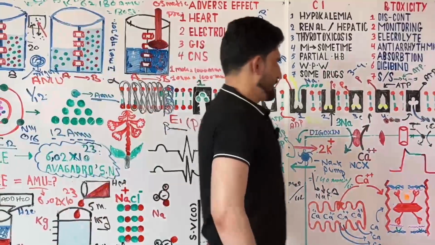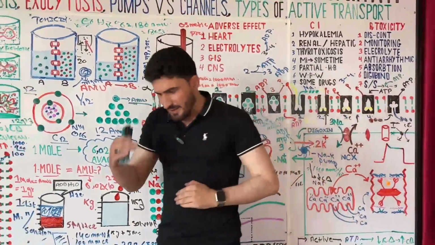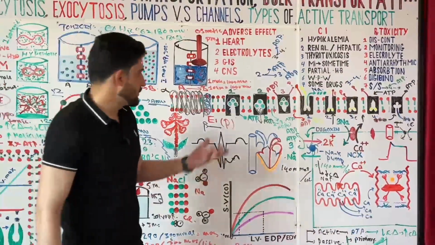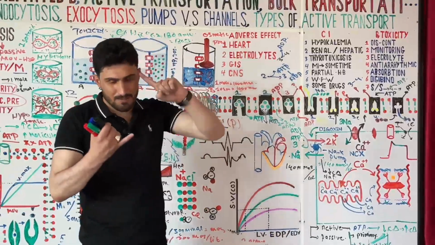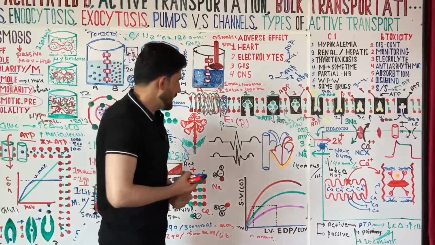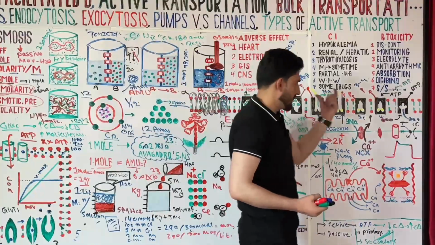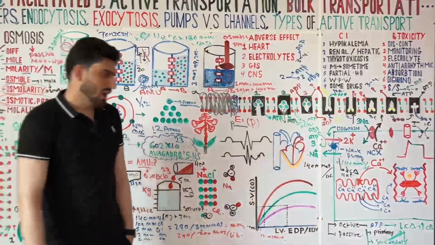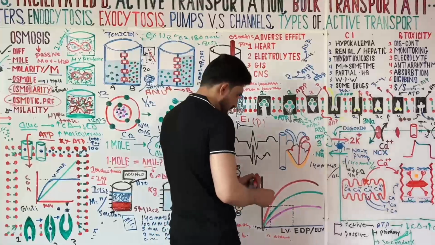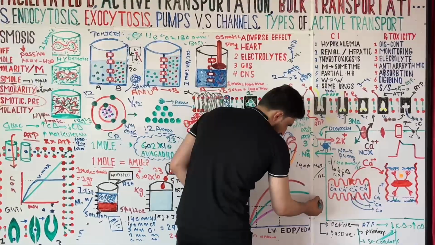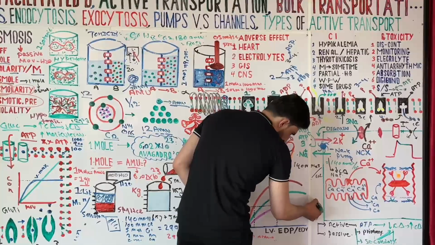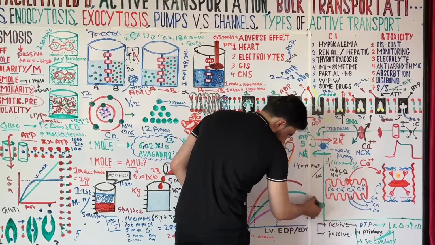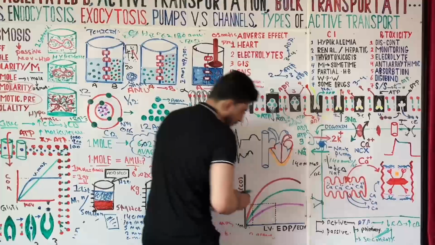Now there are some factors that enhance the function of the sodium potassium pump. For example, the first thing that enhances the sodium potassium pump activity is insulin. Why? Because when glucose comes, here is a pump, it has two domains.